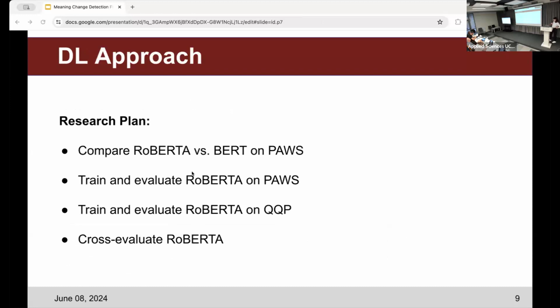First we applied the deep learning based approach, and here we chose the RoBERTa model. The reason for choosing this model was the following. First of all, RoBERTa is a representative of the state of the art of deep learning models, and secondly, it is an improved version of BERT, and in the original paper that presents the PAWS dataset, the performance of BERT was reported.